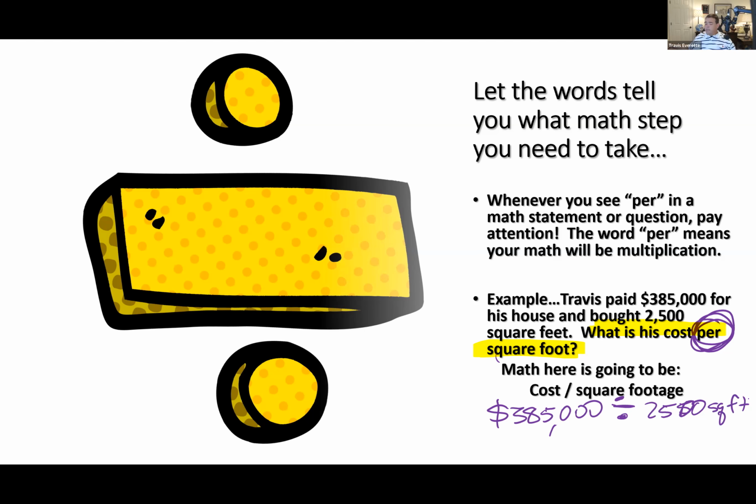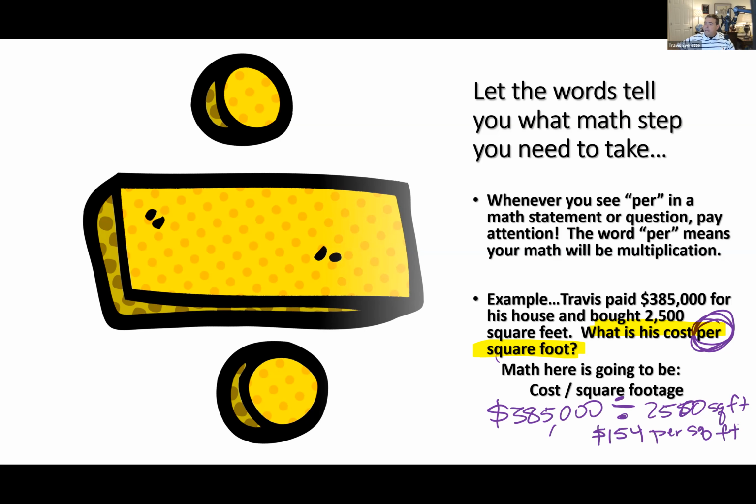I'm going to take my handy dandy calculator. $385,000 divided by 2,500 square feet. That is $154 per square foot. We're paying $154 per square foot.